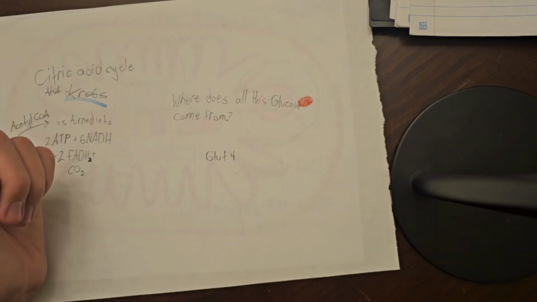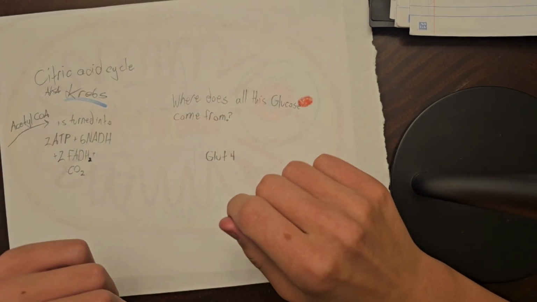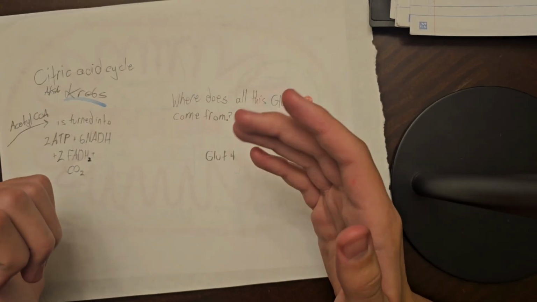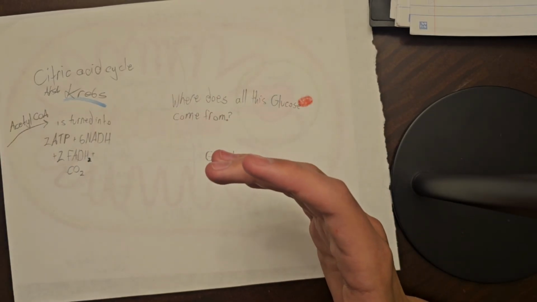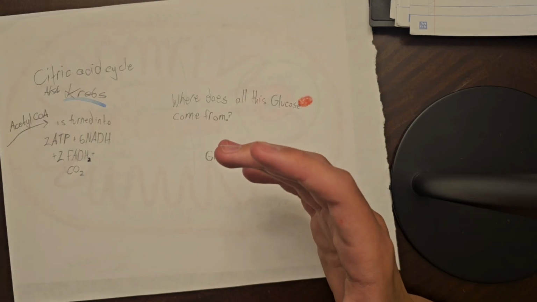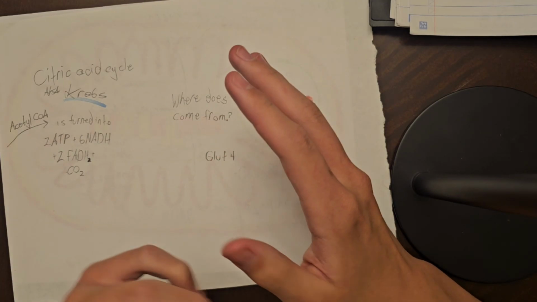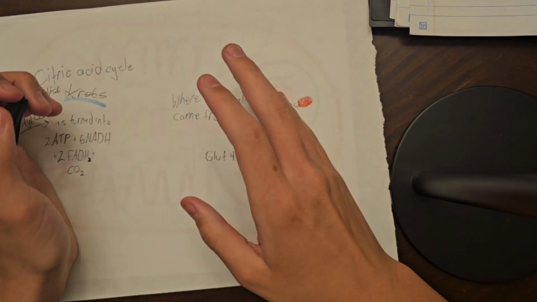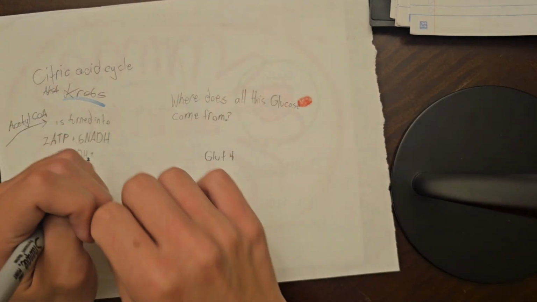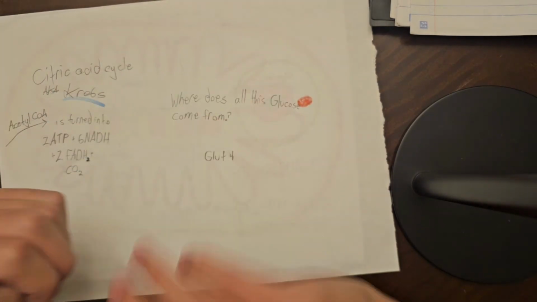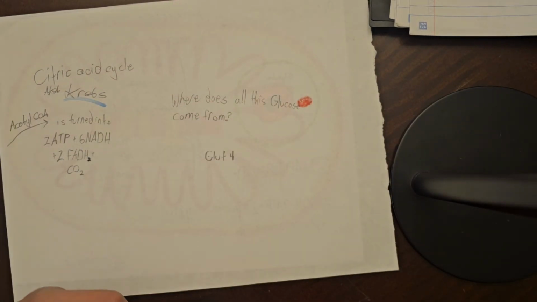And interestingly, GLUT4 is released in response to insulin levels. So if sugar is received by insulin, that reaction will eventually send out GLUT4, which will then take that sugar that it just found, send it to those cells, and power them. And that's that.